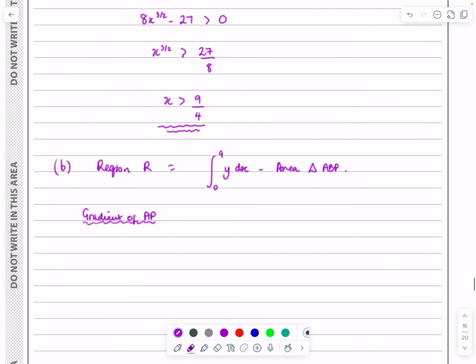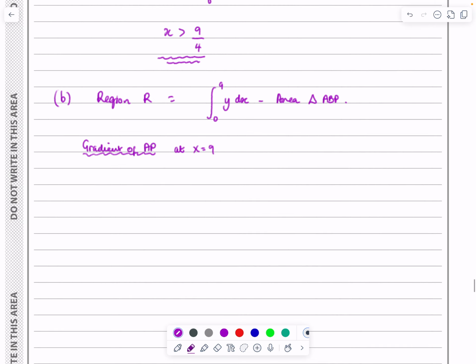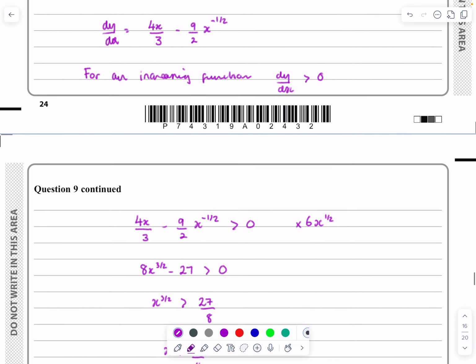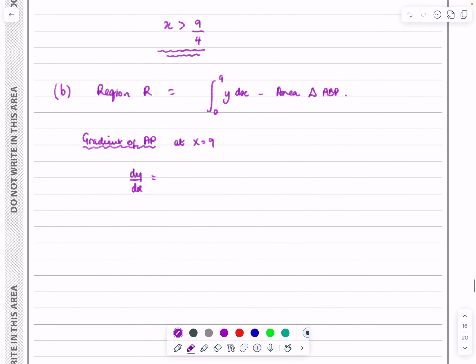I'm going to work out the gradient of AP at x equals 9, which is just going to be dy by dx at x equals 9. Remember, dy by dx was 4x over 3 minus 9 over 2 x to the minus a half.